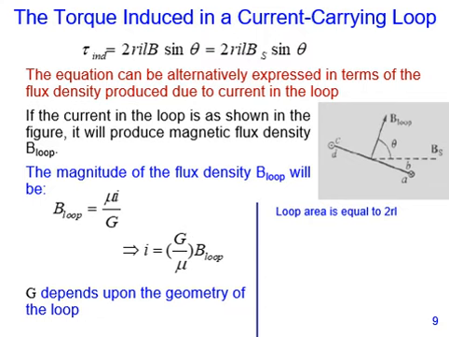But we know that a rectangular loop has an area equal to the height and the length, so length L into width, but width in this case is equal to 2R. Since the width of the rectangular loop is 2R and the length is L, the area would be 2RL.